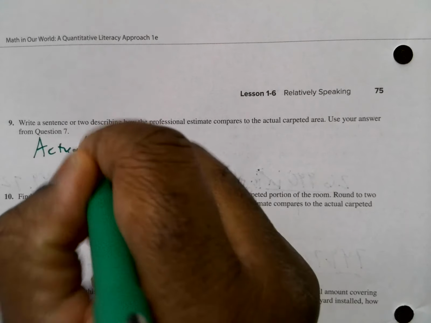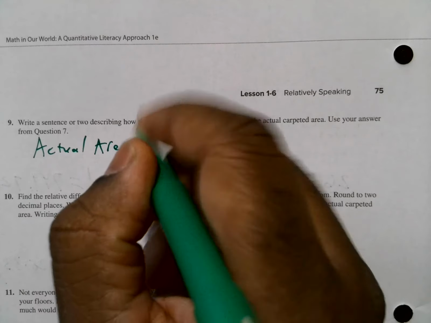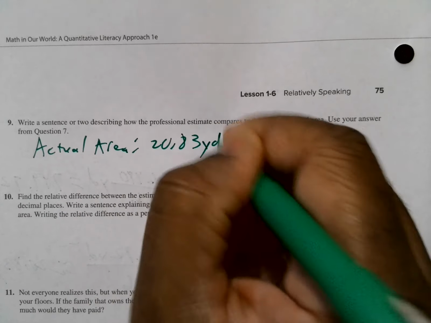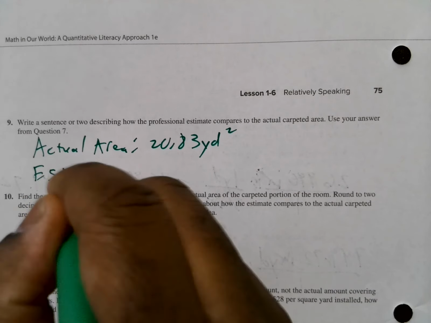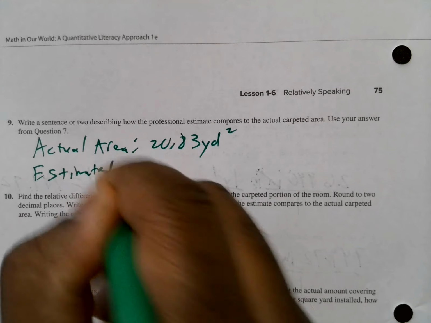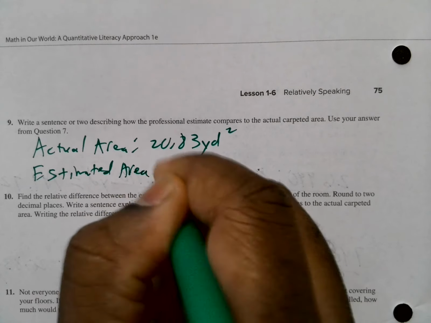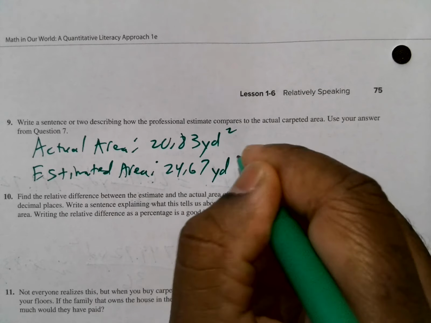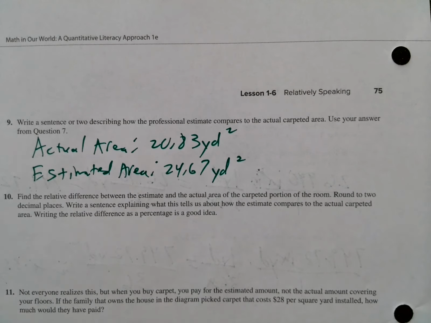Now, the actual area, if you look back at number 7, it was about 20.83 square yards. The estimated area was 24.67 square yards.